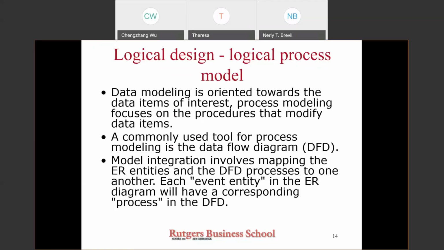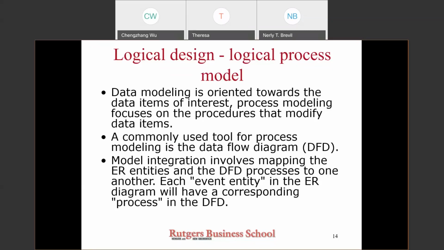The second aspect of logical modeling is logical process modeling. While data modeling is oriented toward the data items of interest, process modeling focuses on the procedures that modify data items.